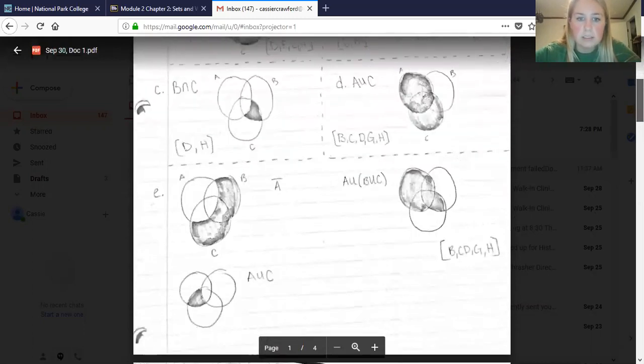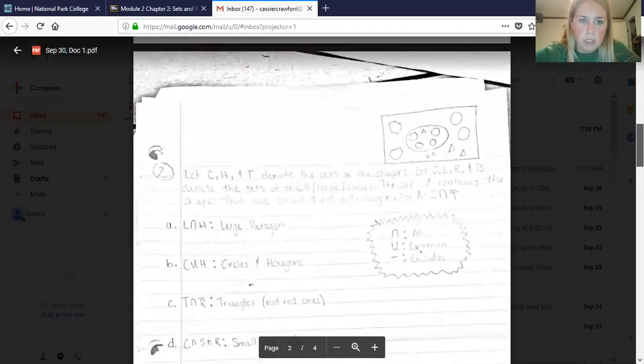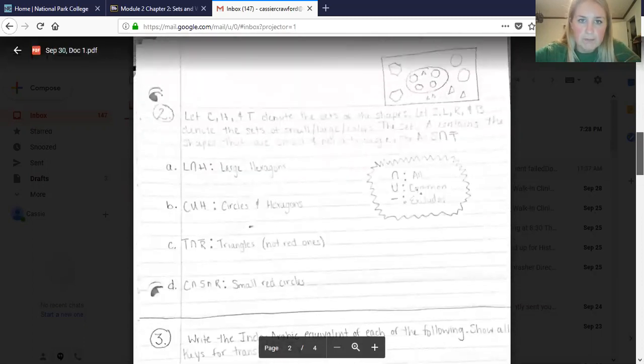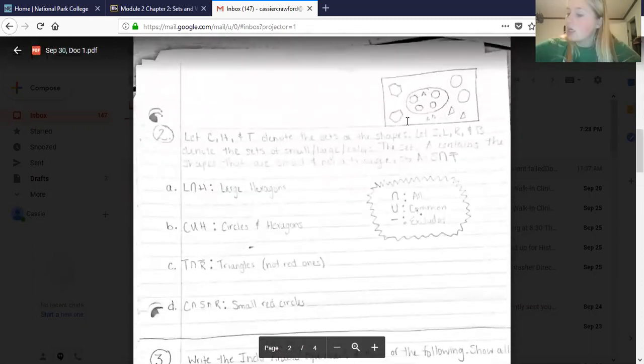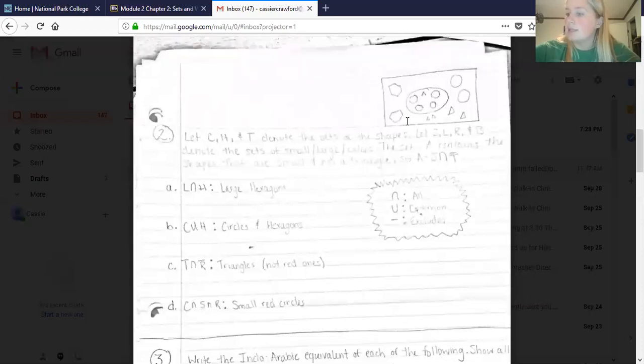All right, moving on to number 2. Number 2 asks us to describe which shapes are found in each set.